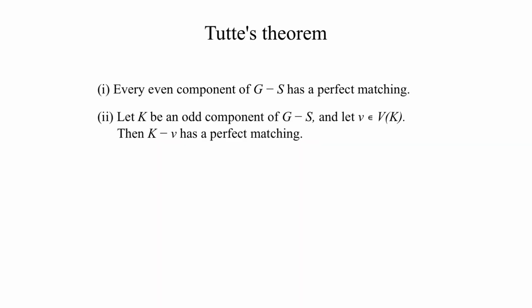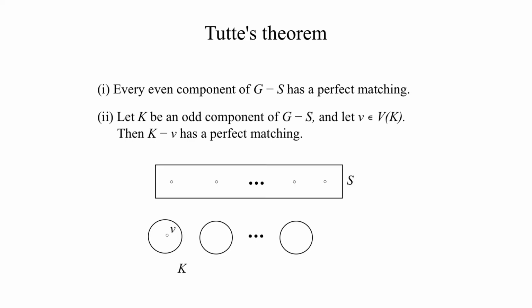The second property we are going to show is the following: let K be an odd component of G minus S, and let V be a vertex of K. Then, K minus V has a perfect matching. Suppose that K is an odd component of G minus S, and that K minus V has no perfect matching.